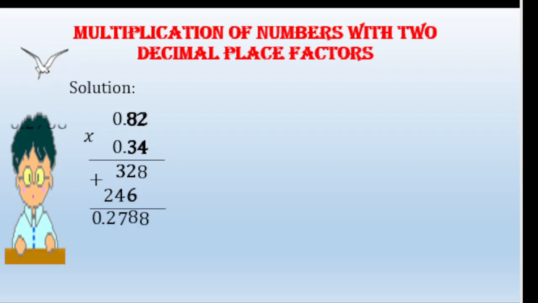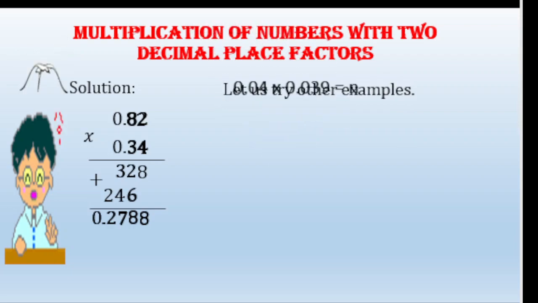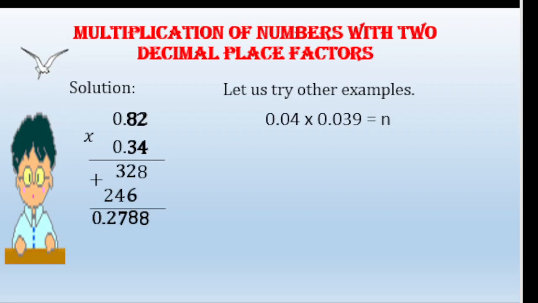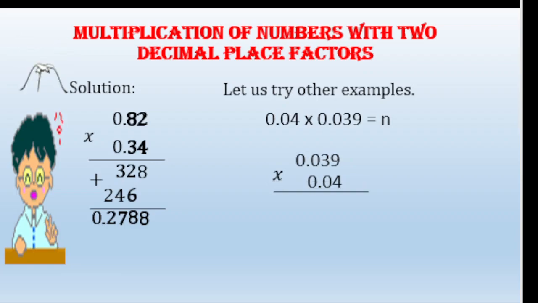Okay, more example. So you have 4 hundredths multiplied by 39,000. So that is equals to, okay, start multiplying from the rightmost.